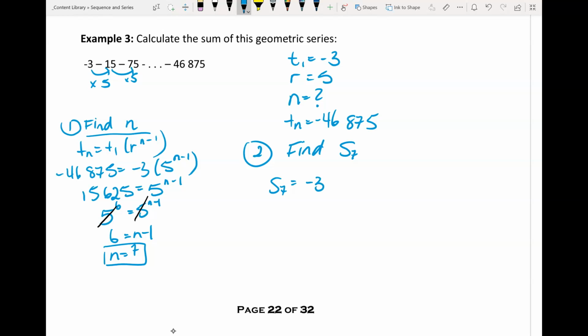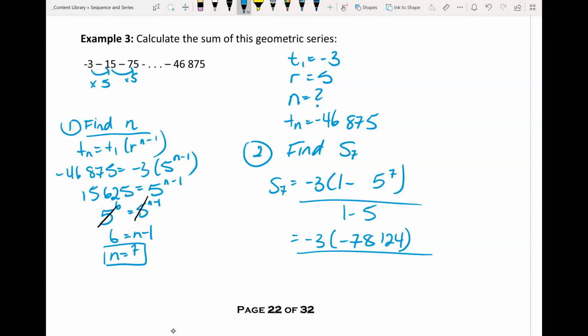So we're going to put T1 here, 1 minus R to the power of n, all over 1 minus R. So 1 minus 5 to the power of 7 is negative 78,124. 1 minus 5 is -4.